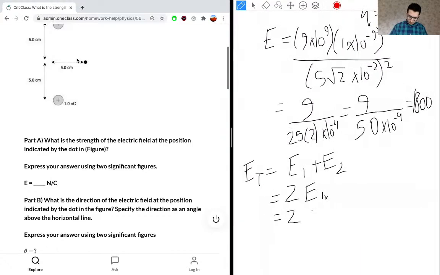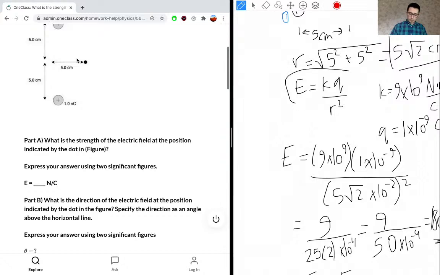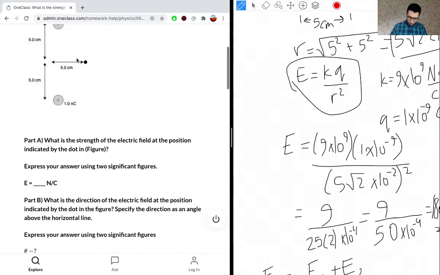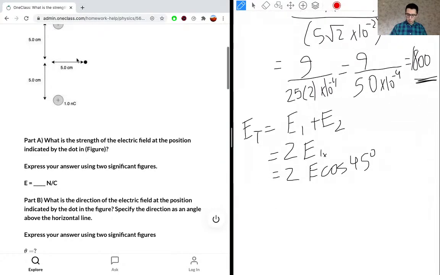So we have E cos 45 degrees. So E is over here, what we already calculated based on our formula. So now we've taken the x component, multiplied by 2, because we have 2 electric fields. So we have 2 times 1800 cos 45 degrees. Cos 45 degrees, let's go back up here.